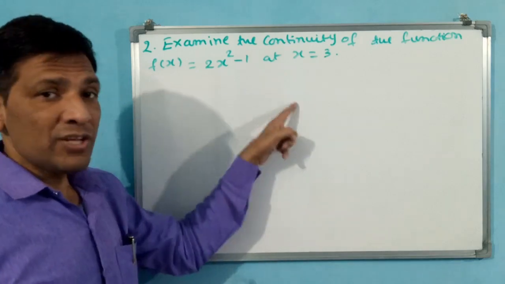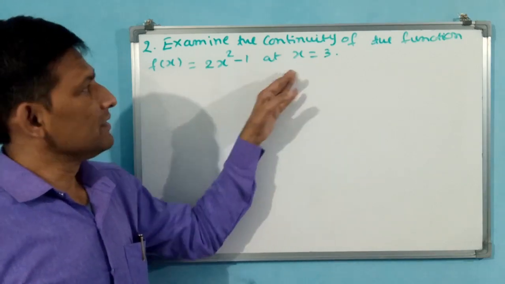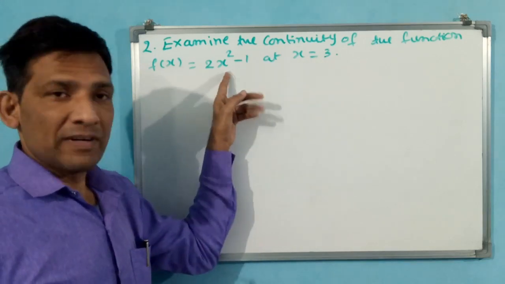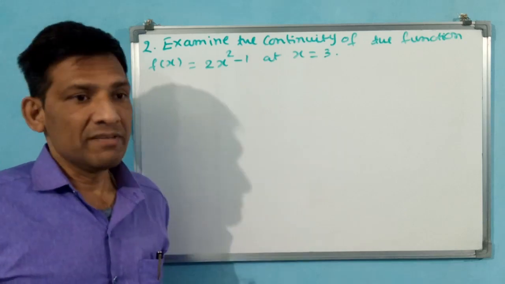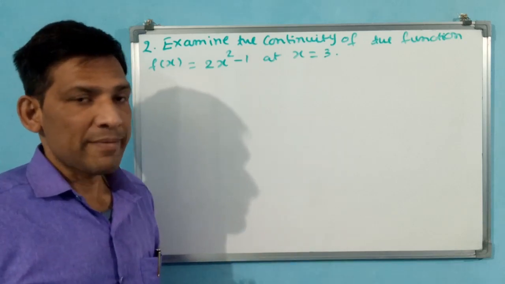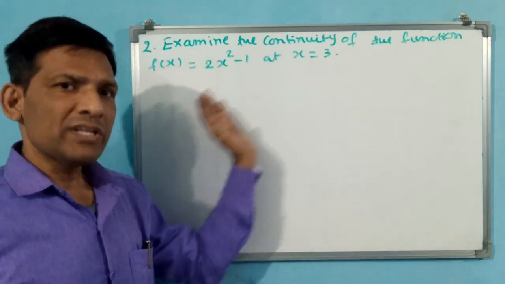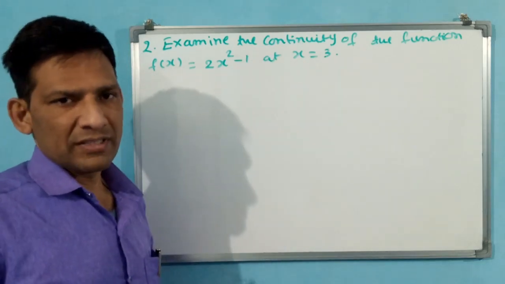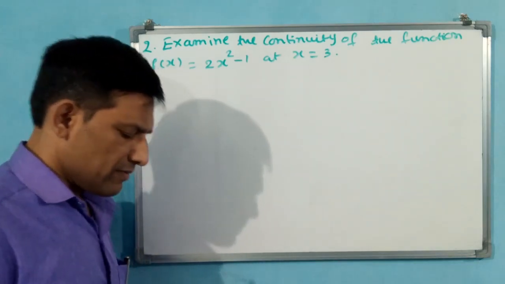Because there are no logical controls, like less than 3 one function, greater than or equal to 3 another function. If such controls are there, then we have to check whether the same value is coming or not. At that time also we cannot say that it is not continuous, but we have to check. But without checking also we can say that this function is continuous. But even then, let us proceed further.